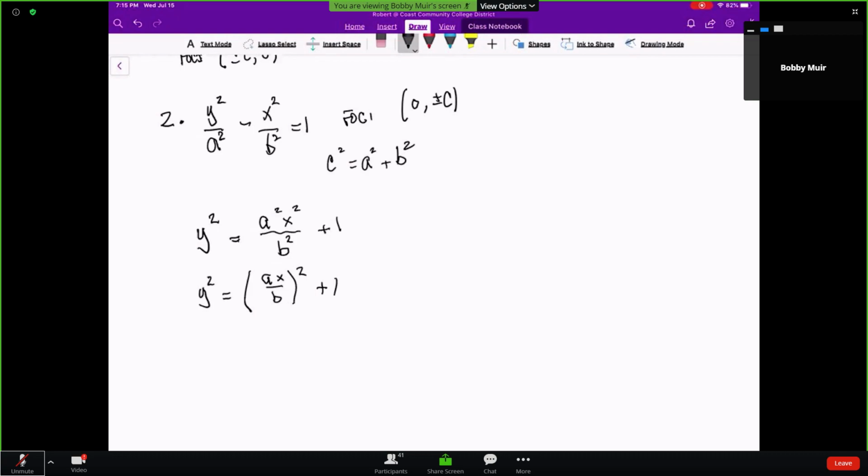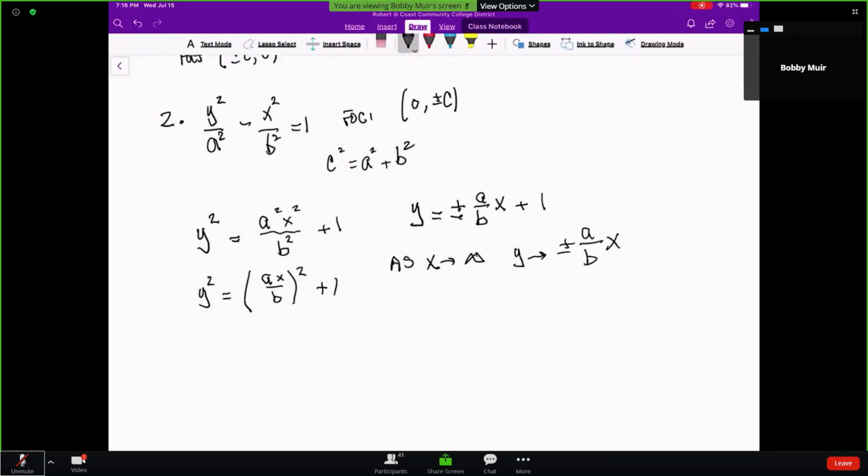So if you solved for y and looked at y, it would be plus or minus a over b x plus 1. And so we see that in the limit, as x goes off to infinity, the y is going to infinity, but it's going there along these lines. And these end up being asymptotes for the hyperbola.